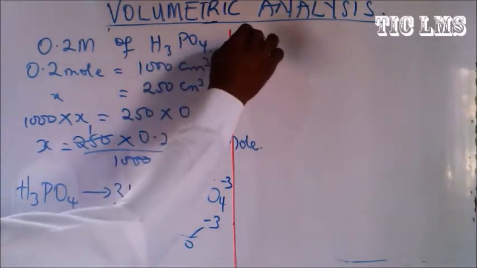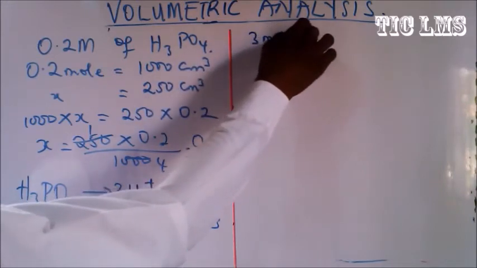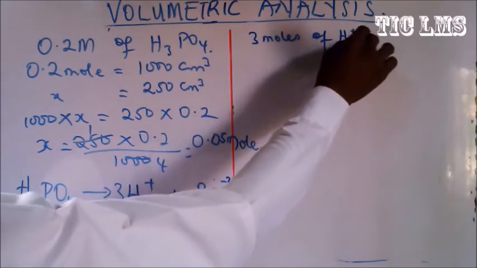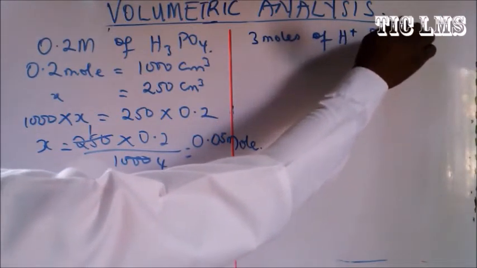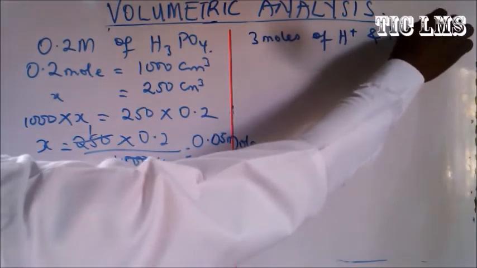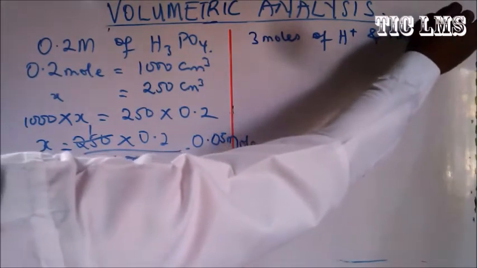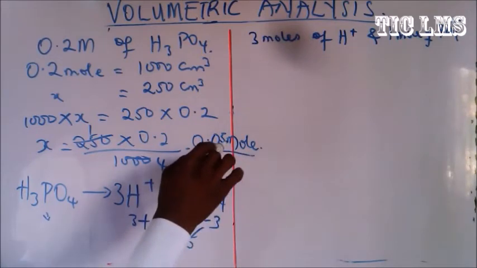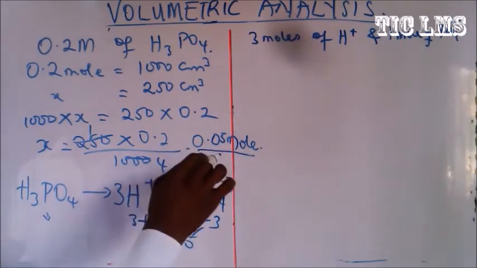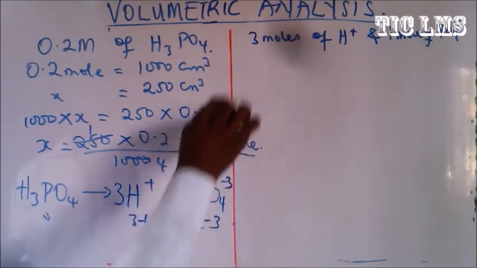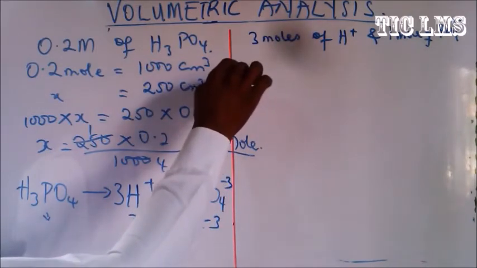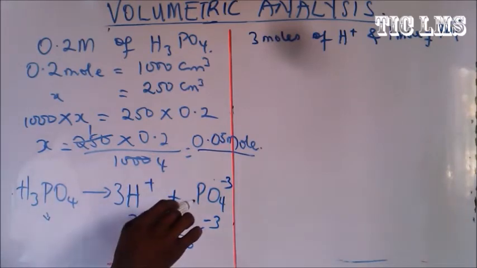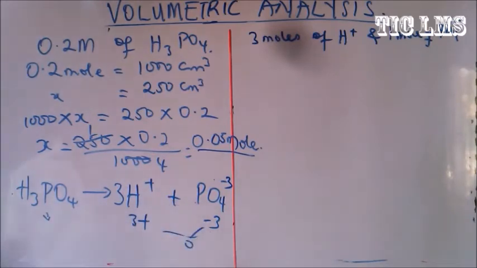So we have 3 moles of H plus and 1 mole of PO4 3 minus. In the question now, we have 0.05 mole of H3PO4. So meaning that 0.05 of this will produce 0.05 mole of PO4 as well.